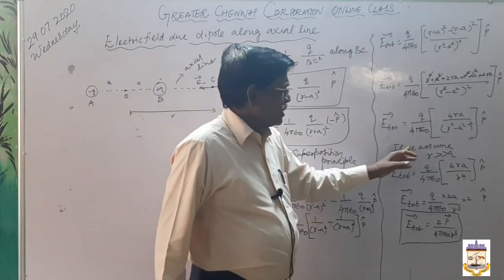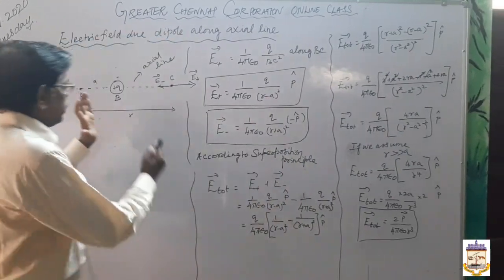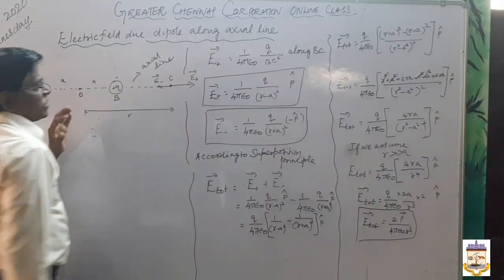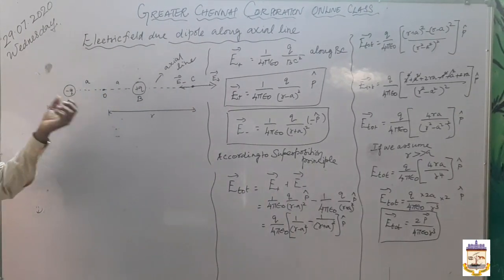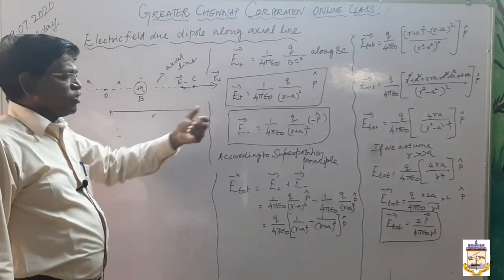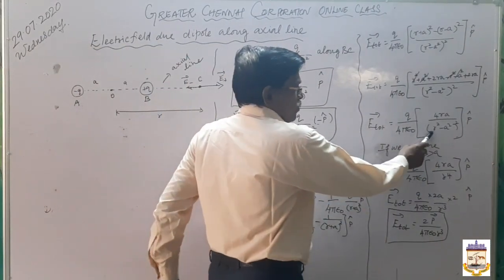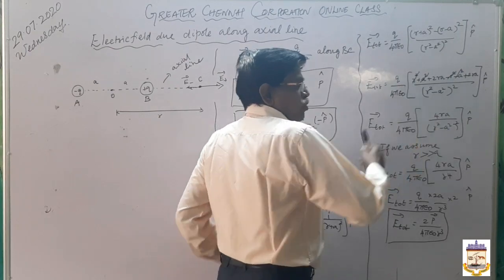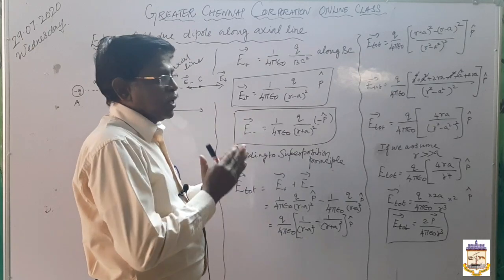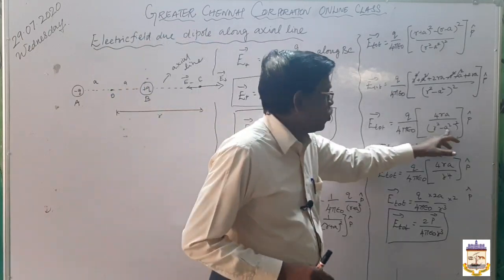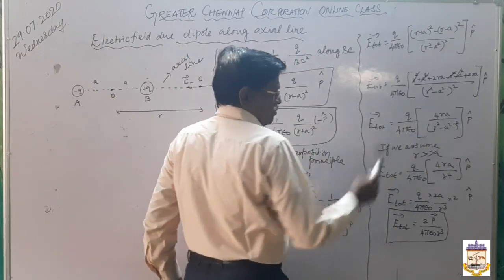Here we make an assumption. Suppose the distance r is very much greater than a, since the distance between the two charges of the dipole is very small. Then r square has a large value and a square a small value, so when subtracting, you can omit a square in comparison with r square.